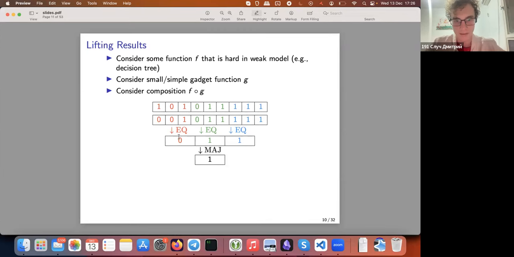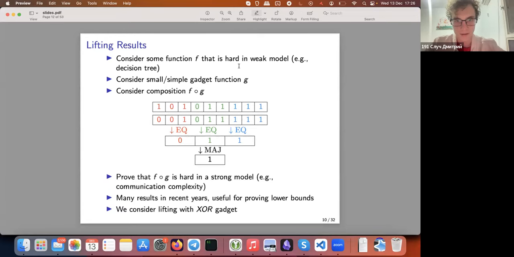We get a bit string and apply the second function to that string. That's how the composition of Boolean functions works. And a lifting result is when we consider some function f that is hard in a weak model, like decision trees, consider a gadget, and for the composition, we try to prove that it's hard in a strong model.